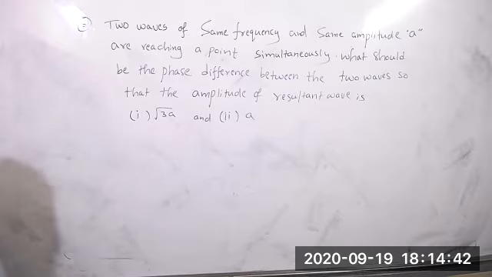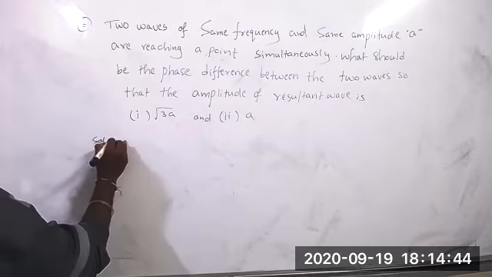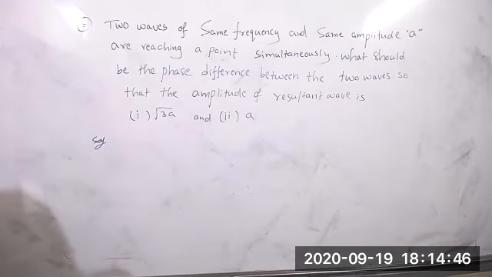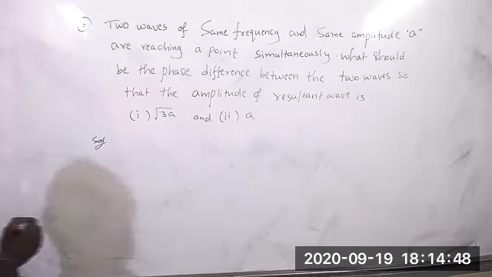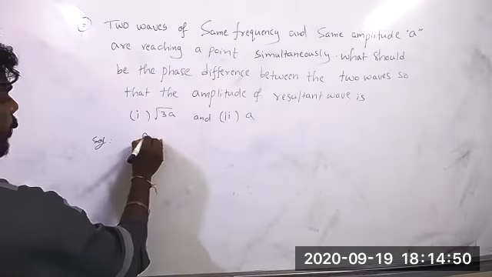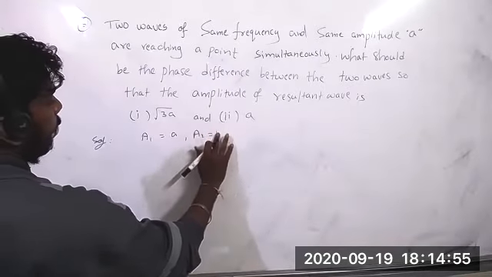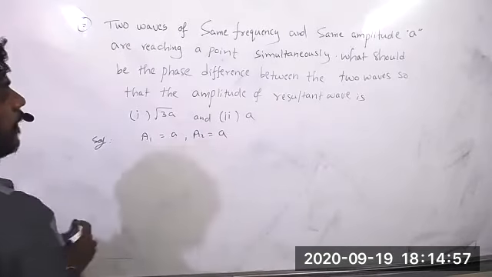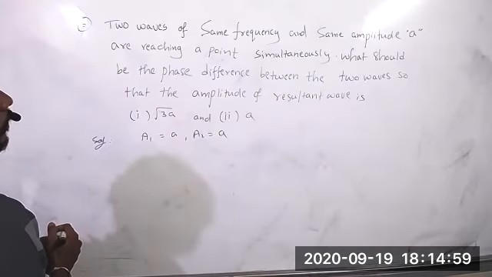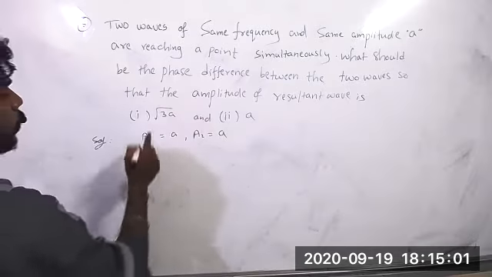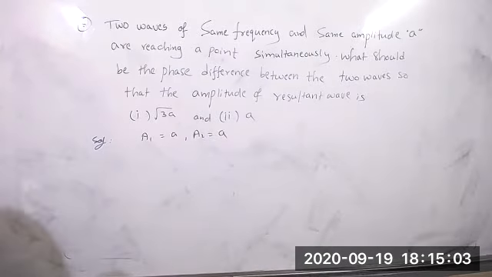That's what you have to calculate. So which formula do we have to use to solve this type of sum? A1 amplitude equal to a, A2 amplitude equal to a. Both amplitudes are a only. So let's see.